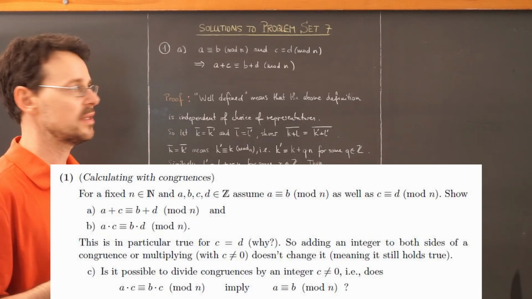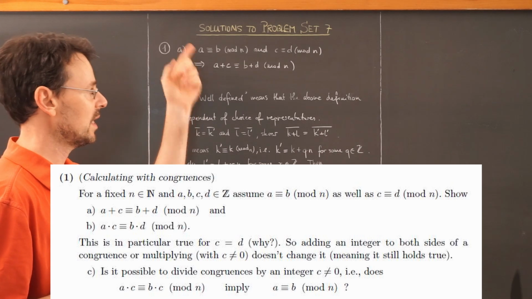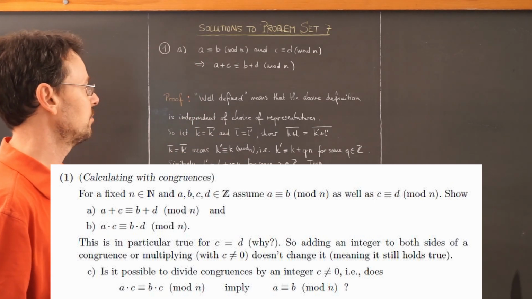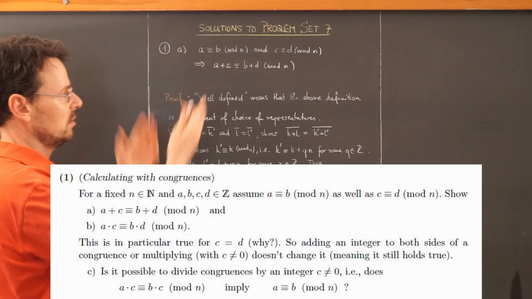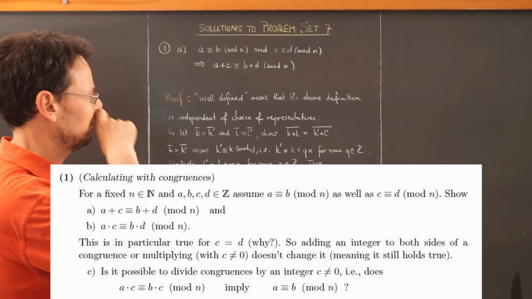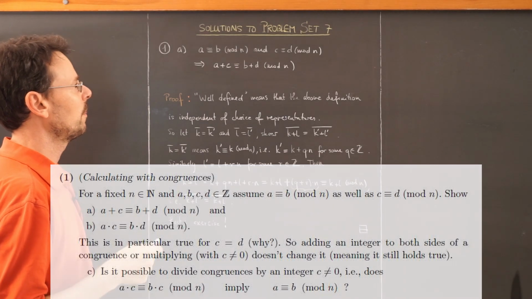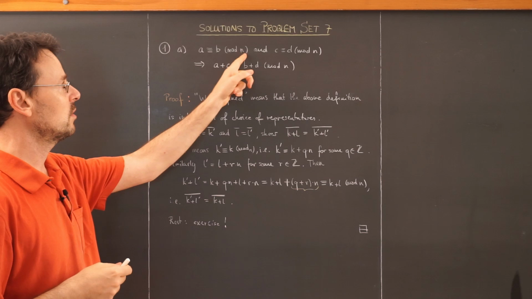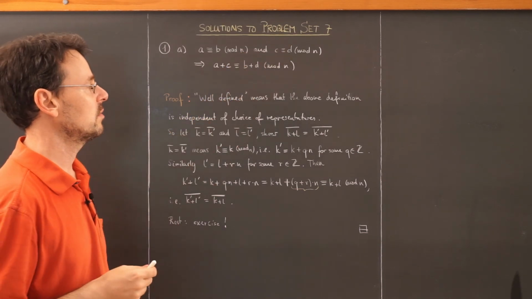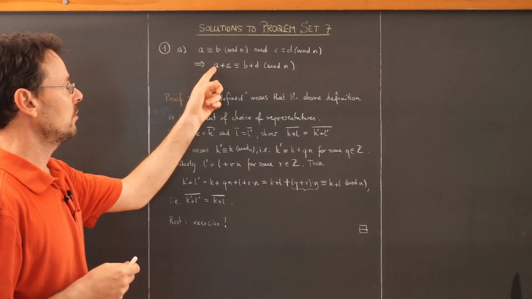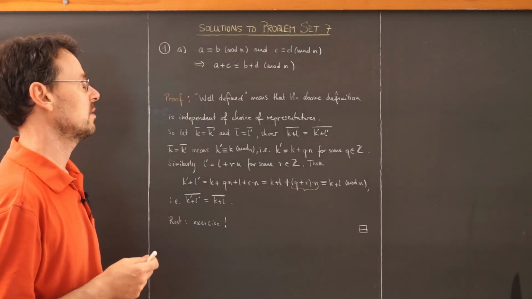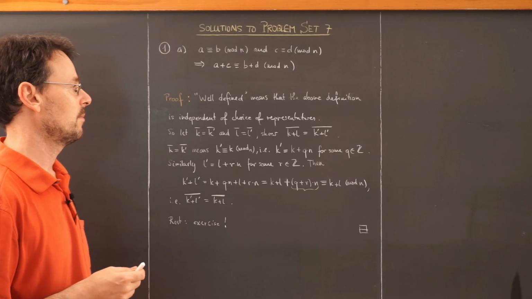I hope you noticed that part A was exactly the same as we did in the proof of proposition 8, only in a different formulation. So we assume that a is congruent to b modulo n and c is congruent to d modulo n, and we are supposed to show that then also a plus c is congruent to b plus d mod n.